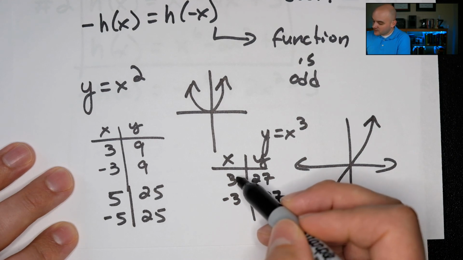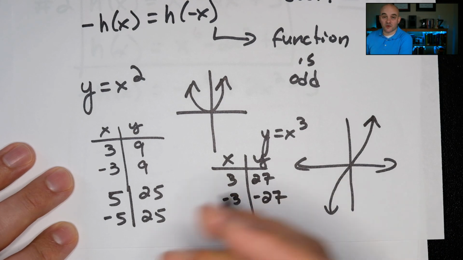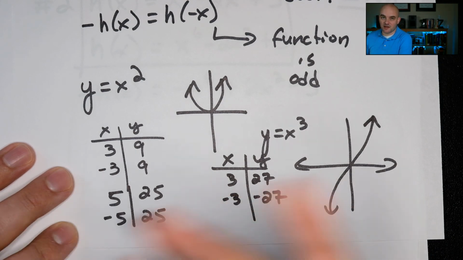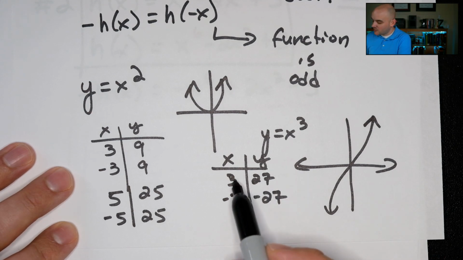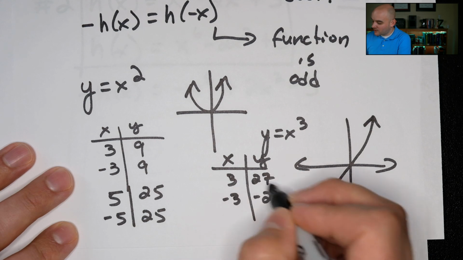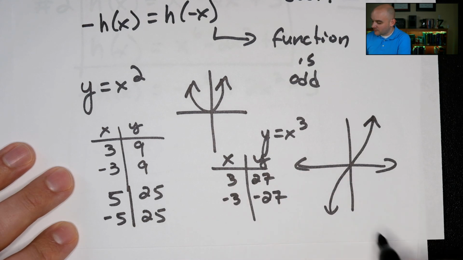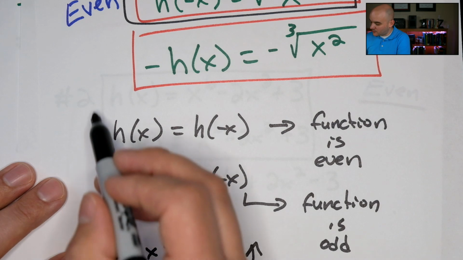And so the h of negative x equals the negative h of x. I think it's easier to see it written out than saying it like that. But if we put in 3 and then multiply it by negative 1, we would get the same thing that we've got right down here. Negative 3 gives negative 27. Okay? So algebraically speaking, this sums it up right here.